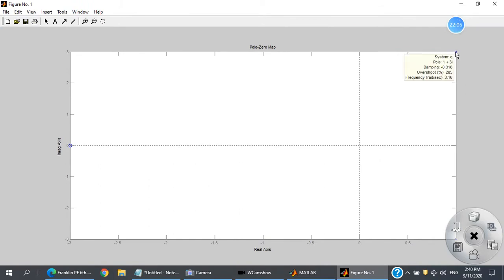So this is 1 plus 3i. According to this pole, the system is unstable, right? And another one is here. So two poles have positive real part in the right half plane. So it's unstable. And I have 0 here, and -3. So this is an unstable system.